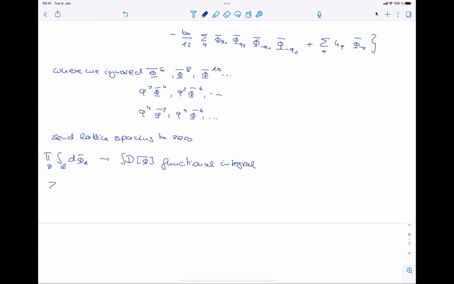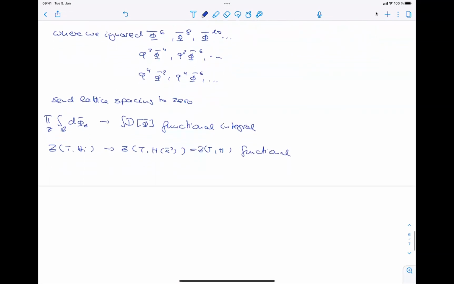And also the partition function that was defined becomes a functional, because it's a function of the applied field that in principle can depend on x, which we again are just going to write like that, but we keep in mind that this is a functional. And then this becomes, and I'm just going to write it this way.